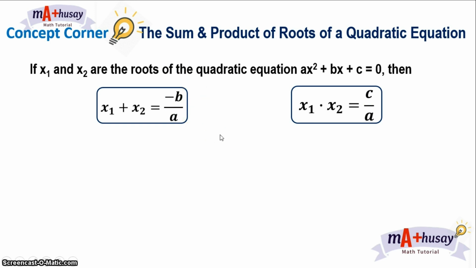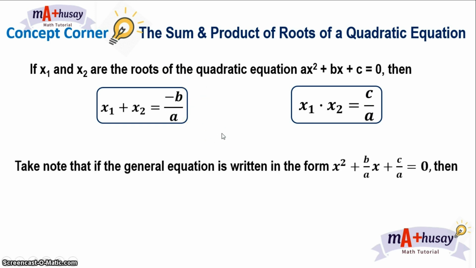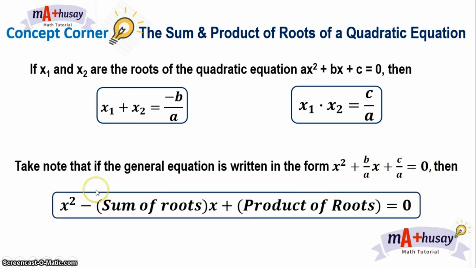So take note, if the general equation is written in the form of x squared plus b over a x plus c over a equals 0, then we have x squared minus the sum of the roots x plus product of roots equals 0.